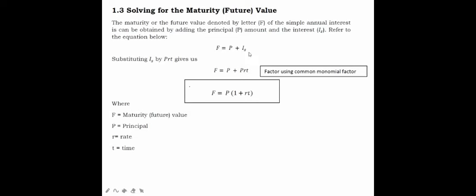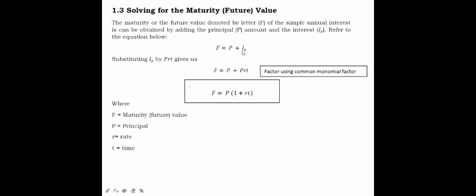So yung formula natin kanina, I sub S or the annual interest is equivalent to PRT. So if you're going to multiply the principal times rate times time, that is equivalent to the simple annual interest. So we can substitute here in the original formula, which is F is equivalent to P plus I sub S. Yung I sub S, pwede natin i-substitute or palitan ng PRT.